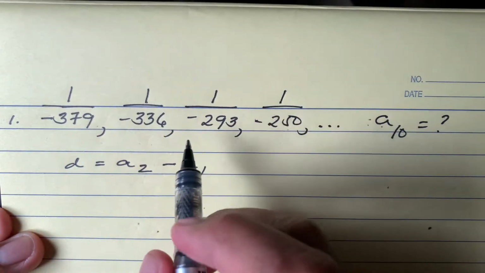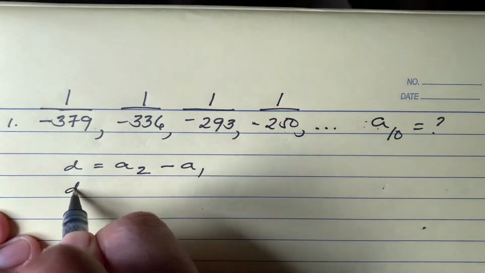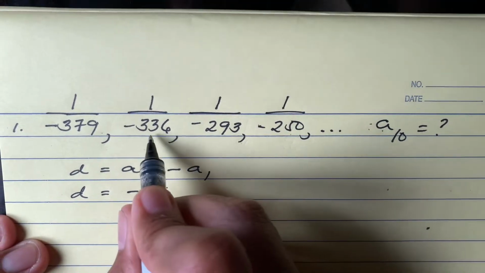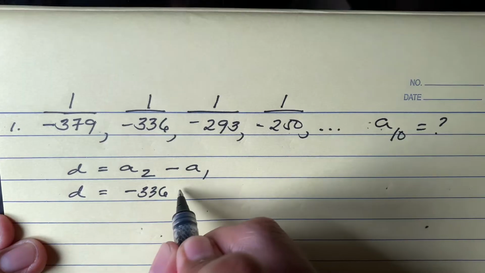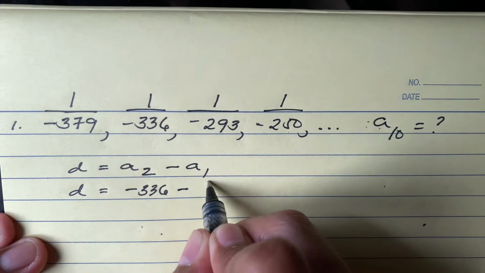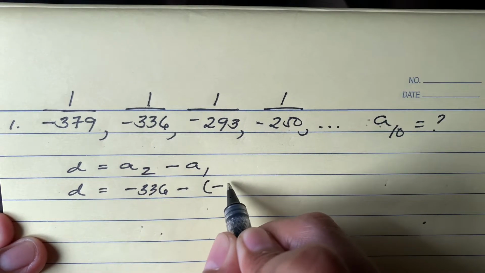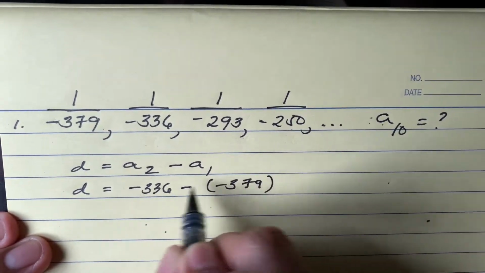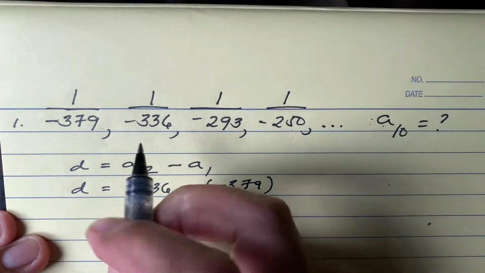but we are just going to take the denominators of the sequence. So now, our common difference: we have negative 336, because this is our second term, minus negative 379. We are going to find out the difference between the two.